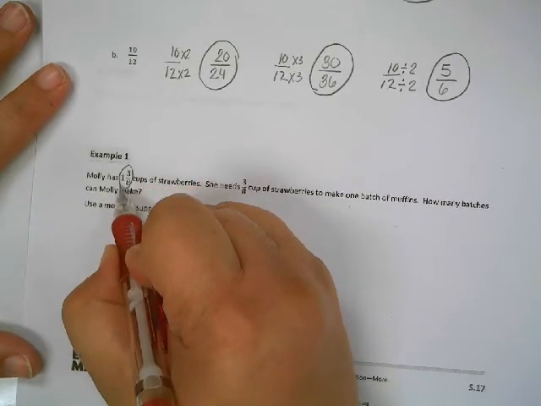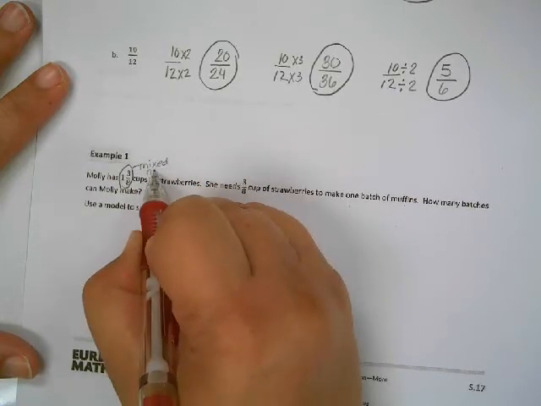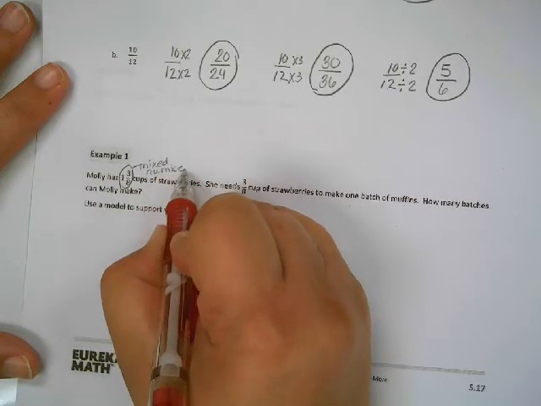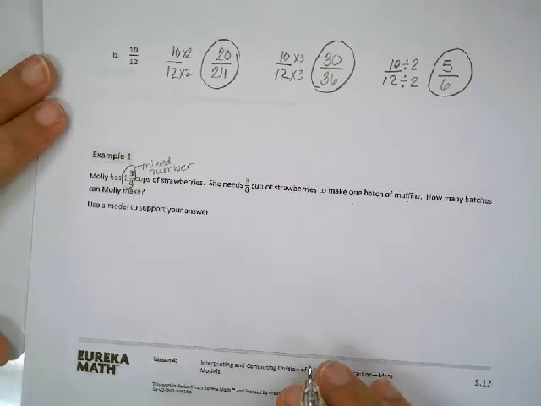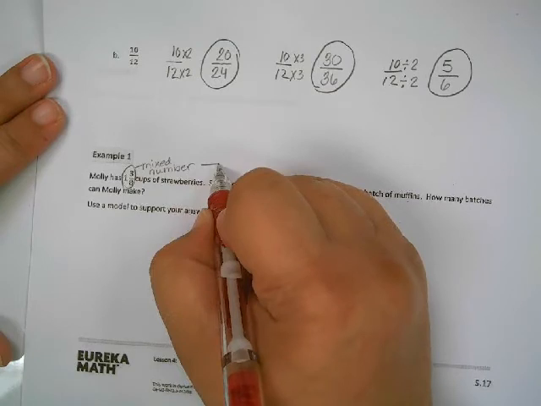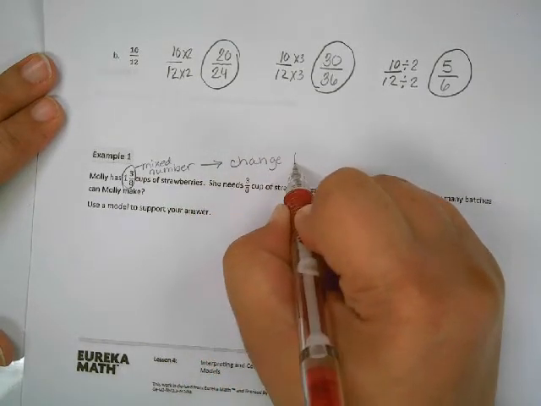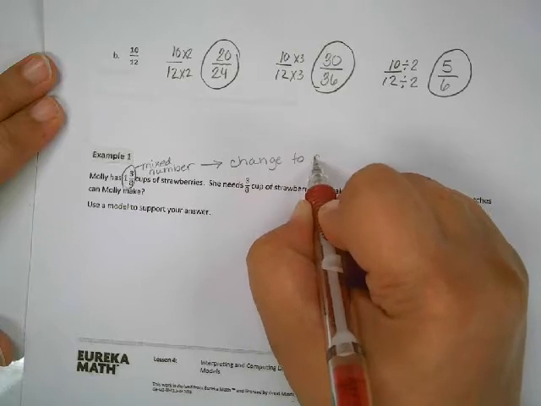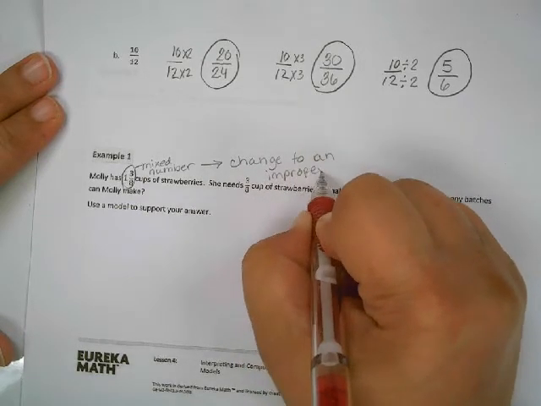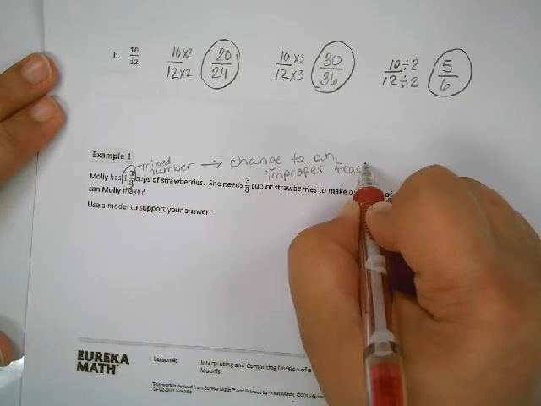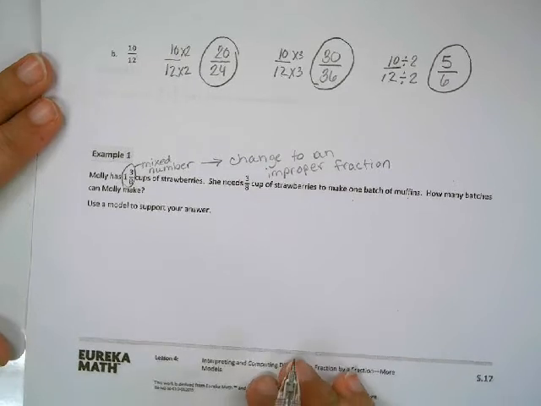So this is a mixed number. And when we have a mixed number, we want to first change it into an improper fraction. It will just make things a little bit easier for dividing.